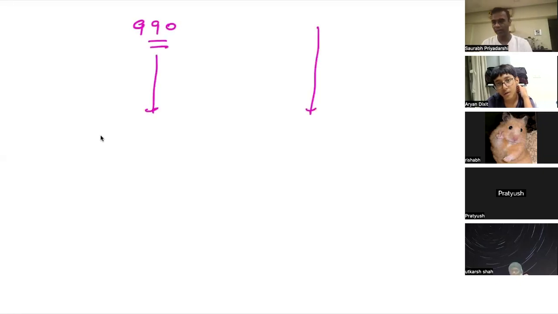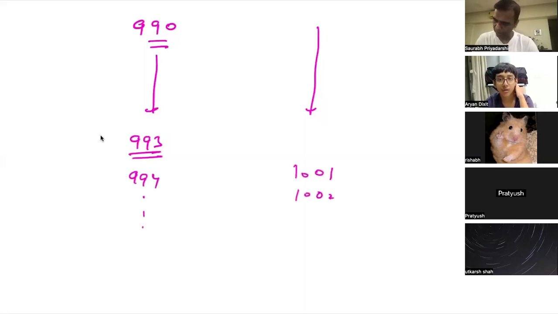And obviously, why am I going there? Because I'm getting a big difference when I'm changing the digits, right? So obviously 990, the first number is 993, that is divisible. So I can try 994 and 1001, 1002, 1003, that will be 1006.